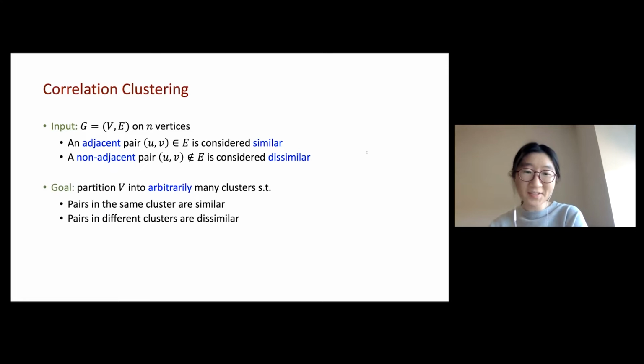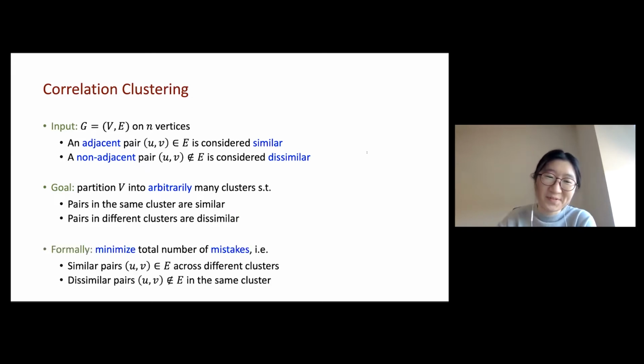The goal is to partition the vertices into arbitrarily many clusters, so that pairs of vertices in the same cluster are similar and pairs in different clusters are dissimilar. Formally, we want to minimize the total number of mistakes that we make, where by a mistake, we mean a similar pair that goes across different clusters, or a dissimilar pair that lies in the same cluster.